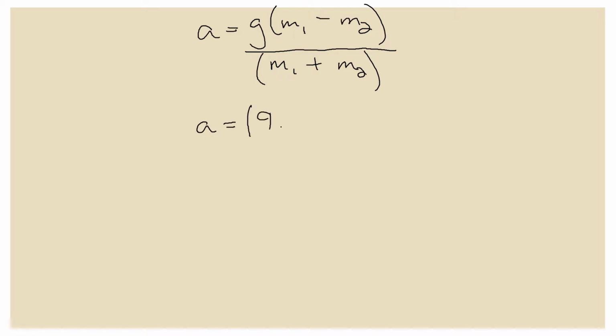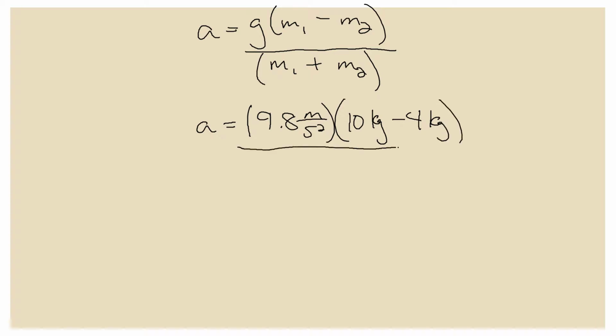Here, I got g is 9.8 meters per second squared times m1 minus m2, so that's going to be 10 kilograms minus 4 kilograms, and then that's over 10 kilograms plus 4 kilograms. 10 minus 4 is 6, obviously. And then 10 plus 4 is 14.